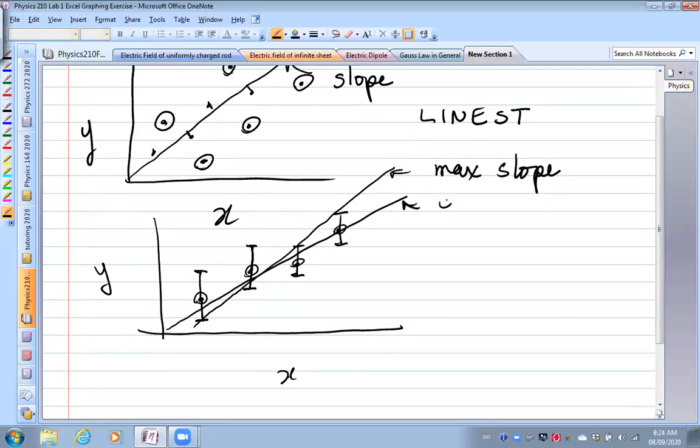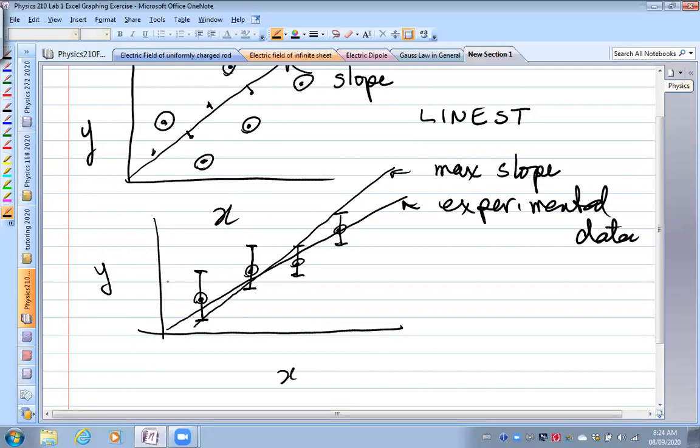This is the experimental data because that's just the points. And then we have a minimum slope where I'd use sort of the top of the error bars and I kind of go, kind of like maybe this. Making sure that line goes through the error bars and takes into consideration the plus and minus on the error bars. So that would be the min slope.